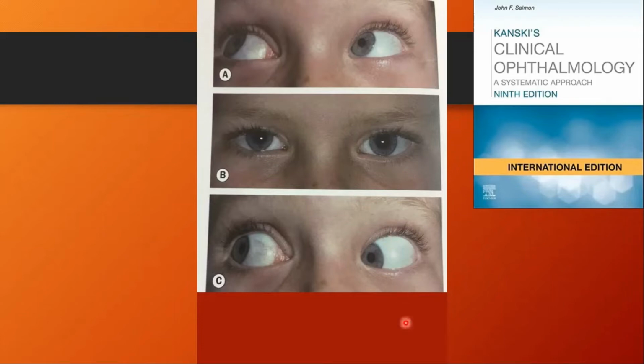All right. Is this an essential feature, ma'am, or is it only in some cases? In some cases. And downshoot is also only in some cases. The essential feature is limitation of elevation in adduction. As you can see here, it is orthotropic, because sometimes we get hypotropia.